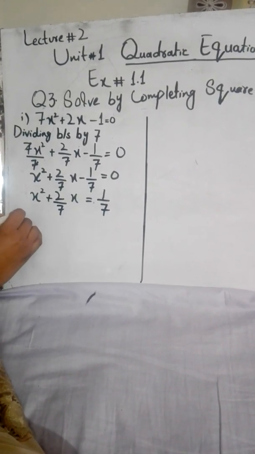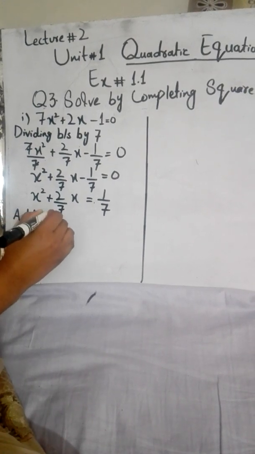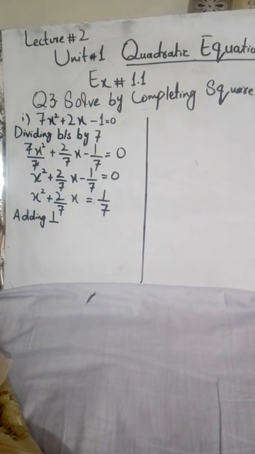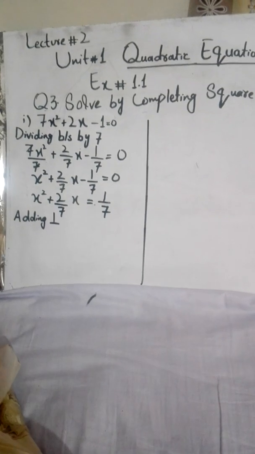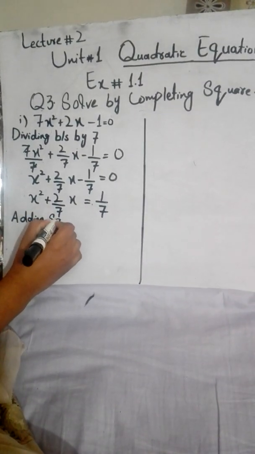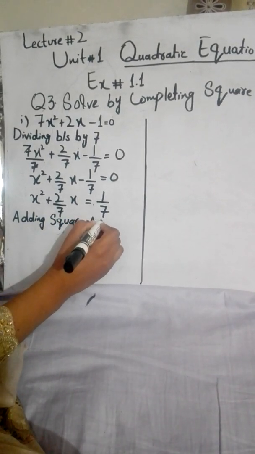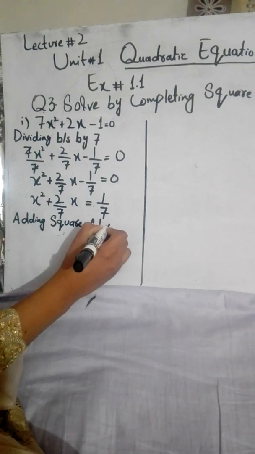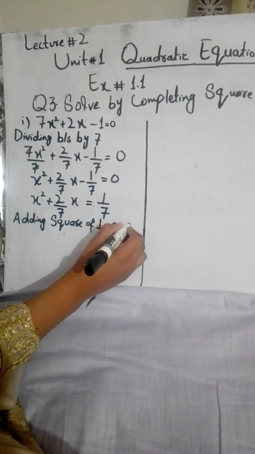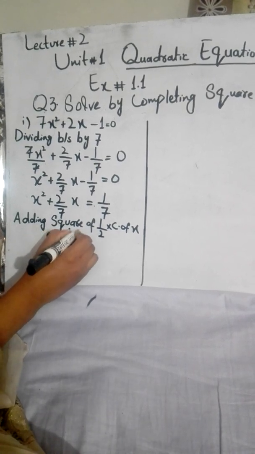adding the square of 1 by 2 multiply coefficient of x on both sides.